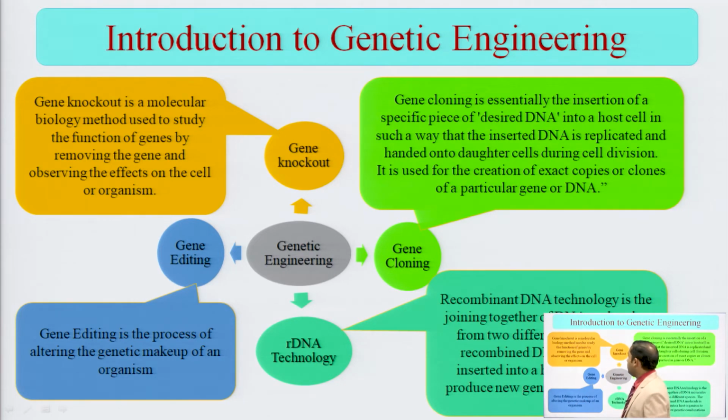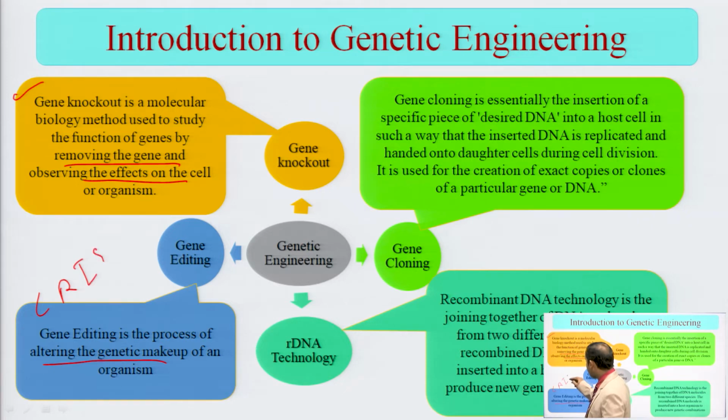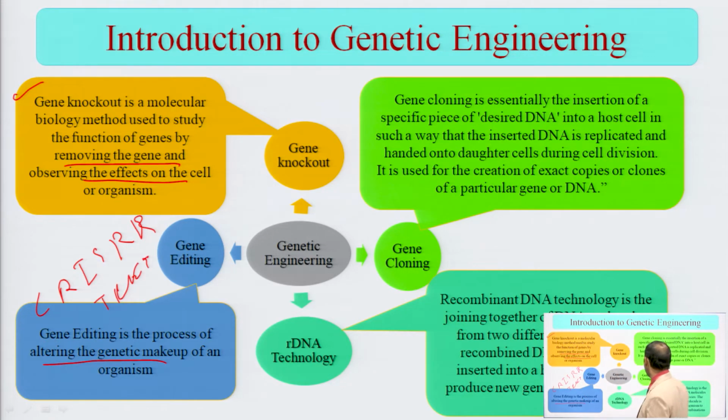Now, gene knockout is a molecular biology technique where we study the function of a gene by removing the gene and observing the effect on an organism. Gene editing is a process of altering the genetic makeup by using CRISPR, for example, or TALEN or other technologies.